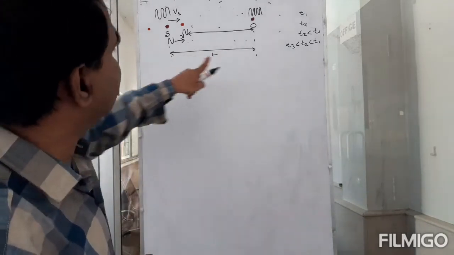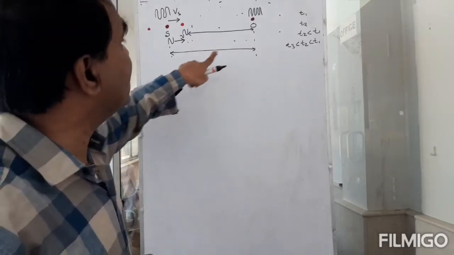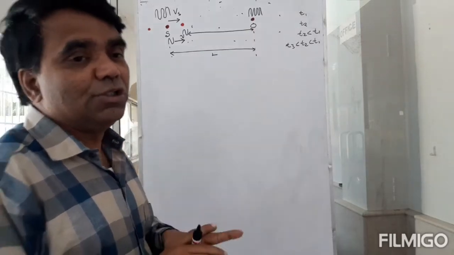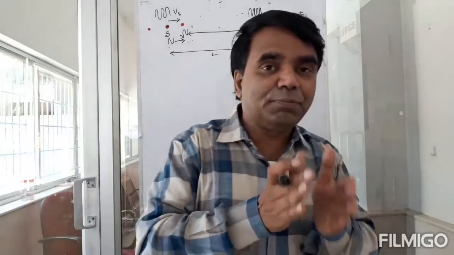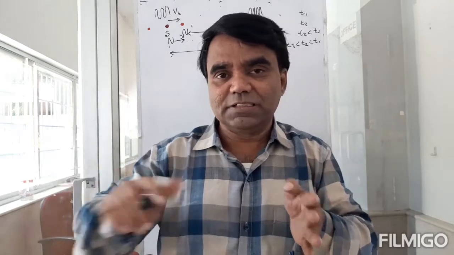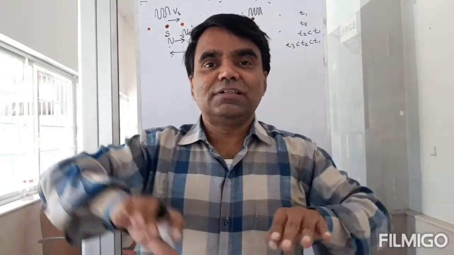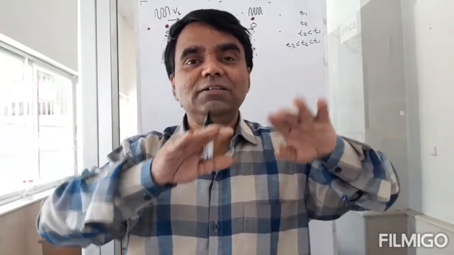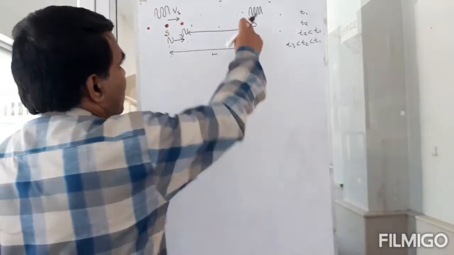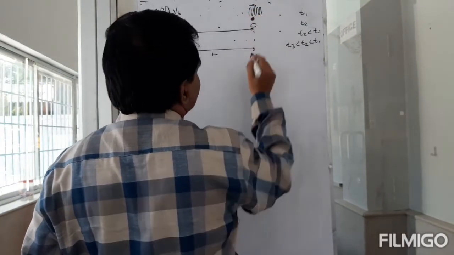So since it has longer distance to travel in this medium, it will take a longer time to reach you. So the gap between the first pulse and then the second pulse and then the third pulse keeps increasing. So it will look like you have a smaller frequency here.